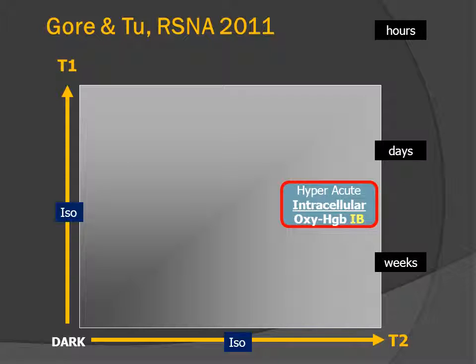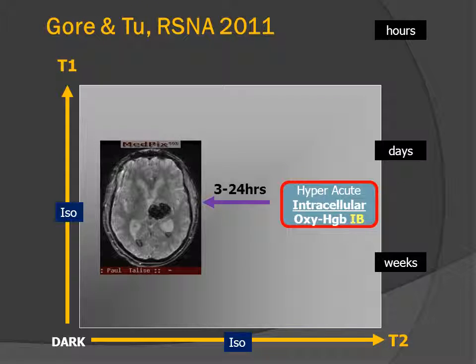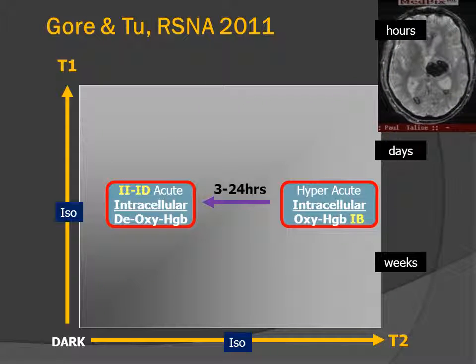A hyperacute hemorrhage will have intracellular oxyhemoglobin, which may be bright on the T2 weighted image and isointense on T1. After several hours, we will have the conversion of oxyhemoglobin to deoxyhemoglobin, which is going to be quite dark on T2 and T2 star weighted images.